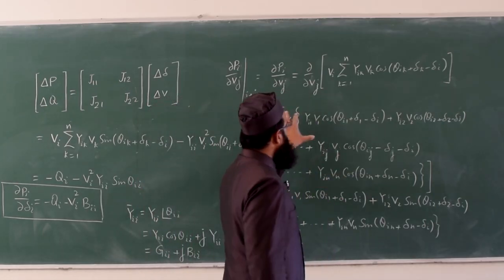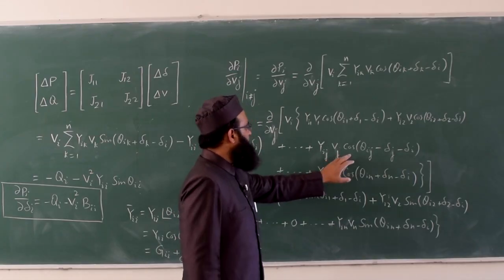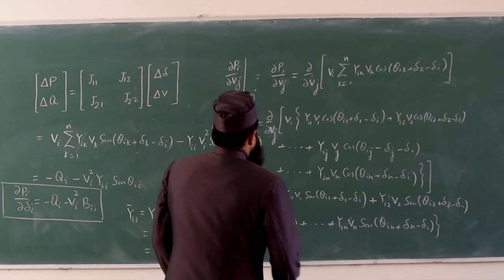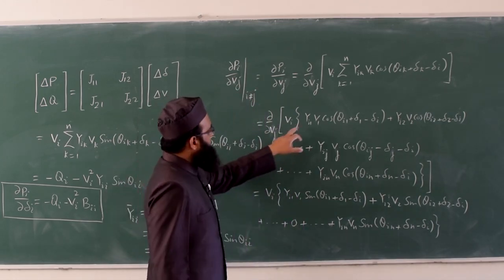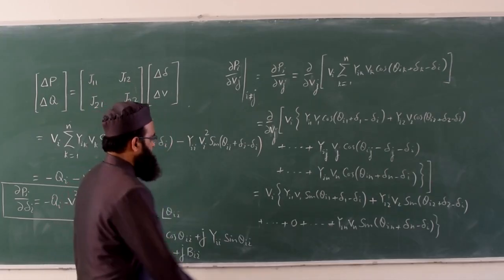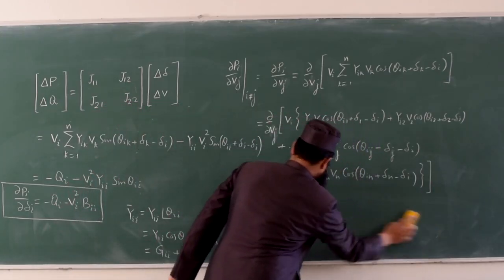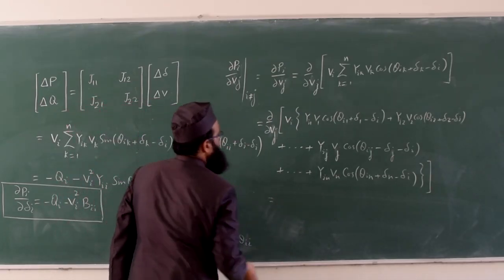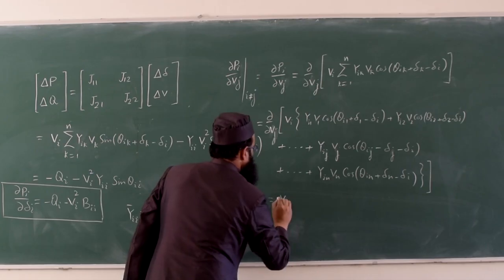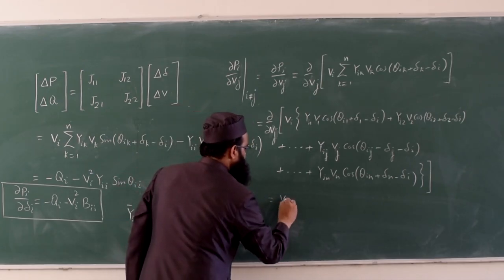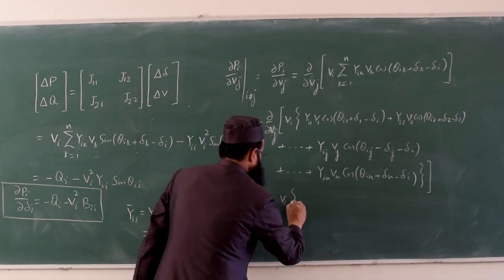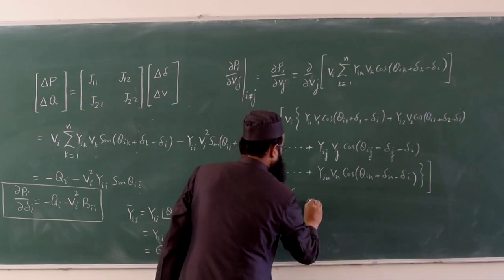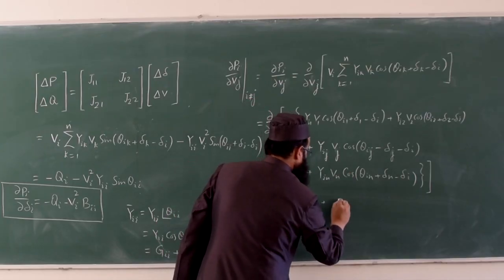So, all other terms except the jth term are independent of Vj. So, this will be equal to 0. Here we can write Vi outside, a constant independent of Vj. So, the first term is independent of Vj, 0, the second term also 0.